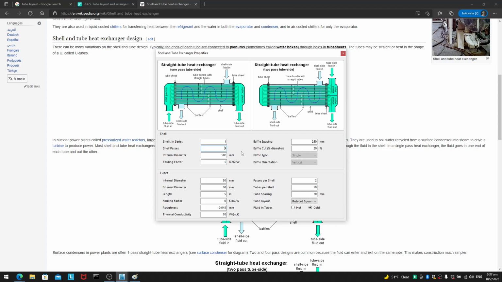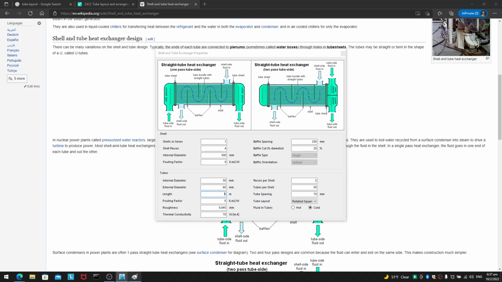For this tube length, this is 5 meters. Let me think. It looks like this thing is a 5 meter length, so there will be partial coverage of the shell and tube.